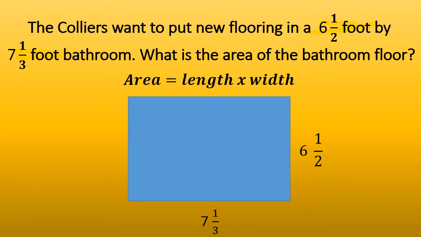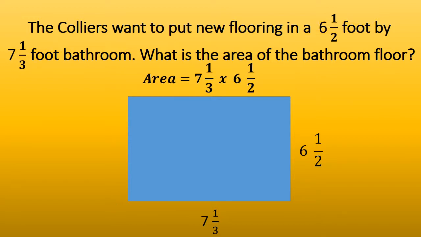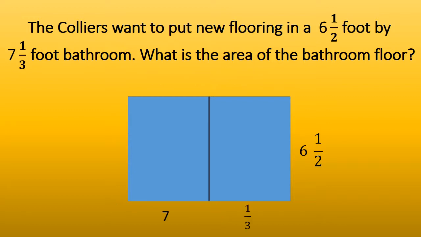In our problem here, the area would be 6.5 feet by a 7 1/3 foot bathroom. And you can see here our area model. We have 7 1/3 on the bottom, and our width being 6.5 feet. So our area equation would actually be 7 1/3 times 6 1/2.